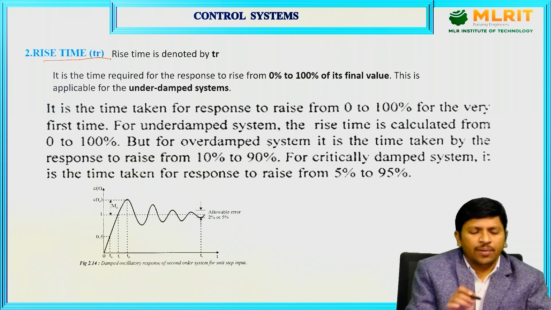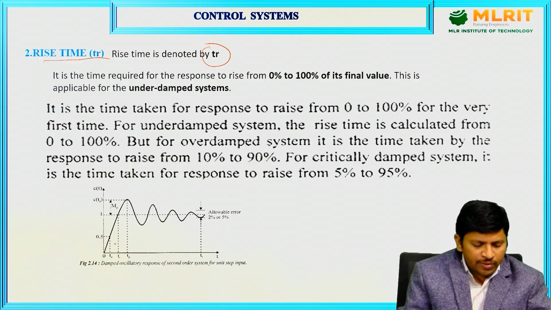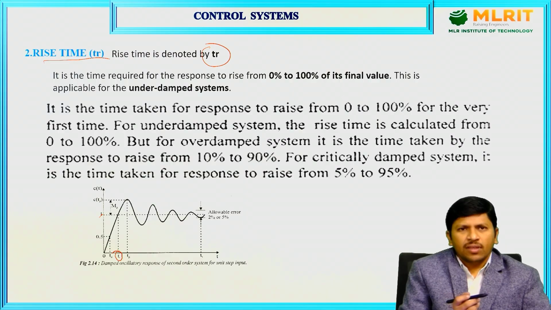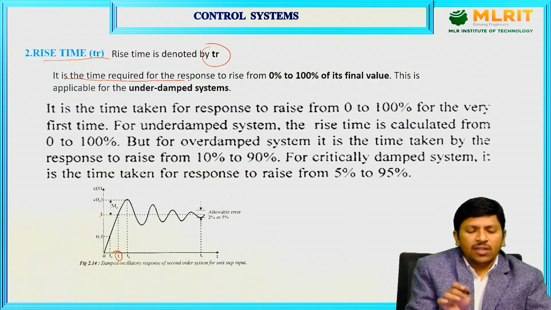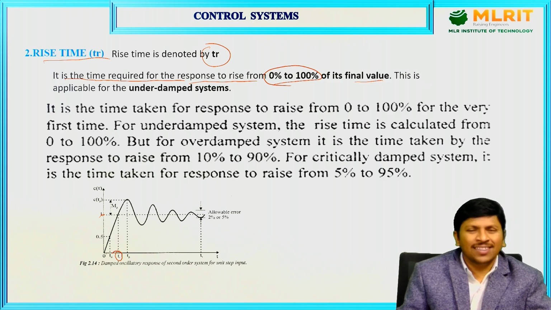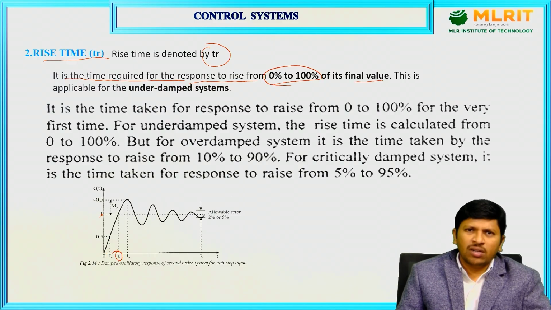Rise time is denoted by t_r. Observe in this graph, the rise time t_r is where the response reaches 1. It is the time required for the response to rise from 0 to 100% of its final value, that is, 0 to 1, since 100% means 1.